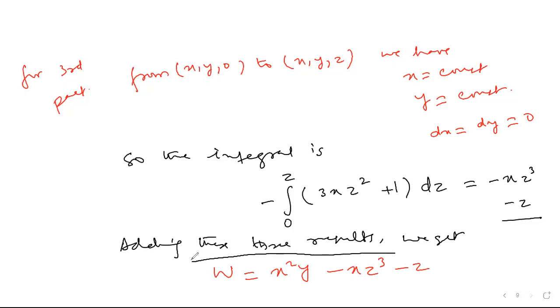Now phi, the corresponding scalar potential or potential energy, that phi is minus times w.